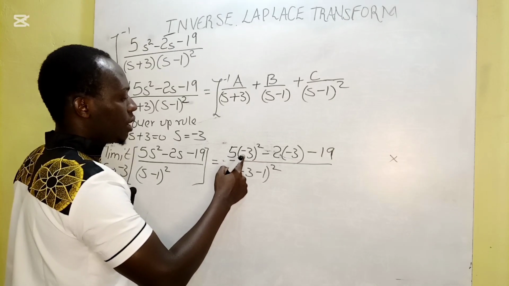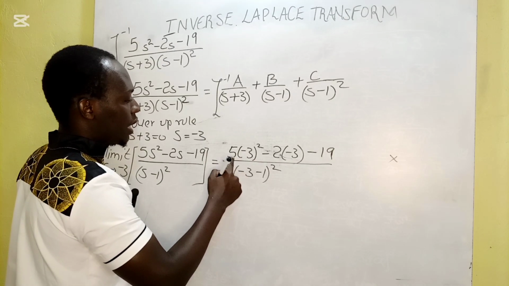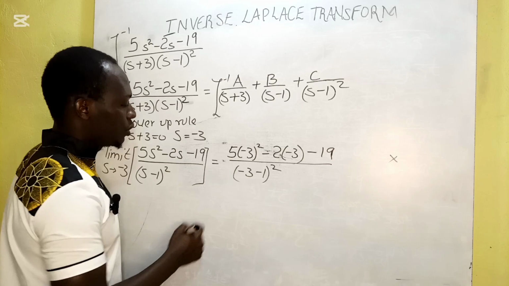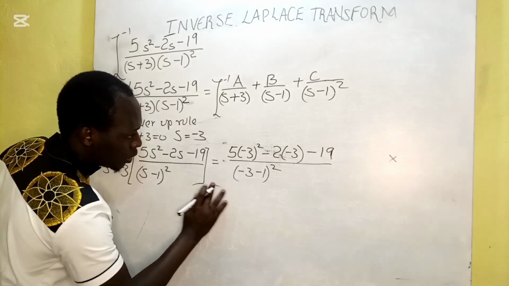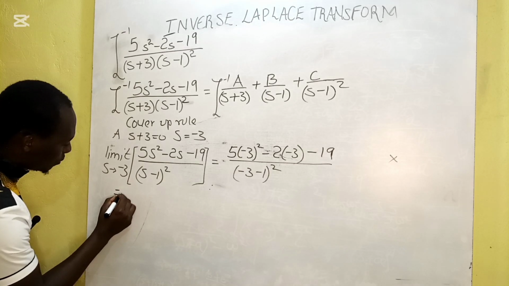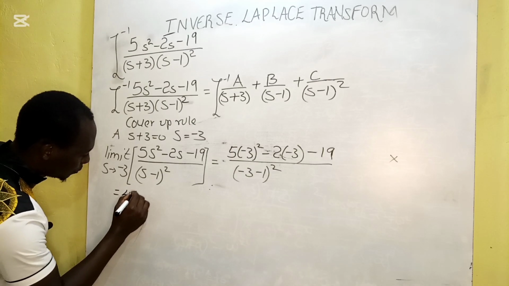Here we have 9, and 9 multiplied by 5 gives 45.